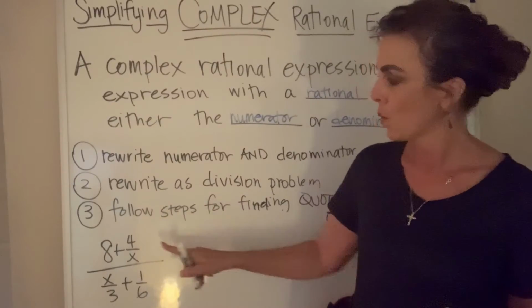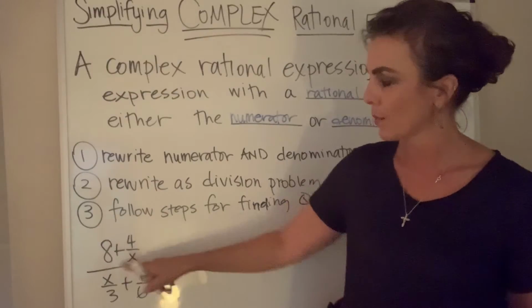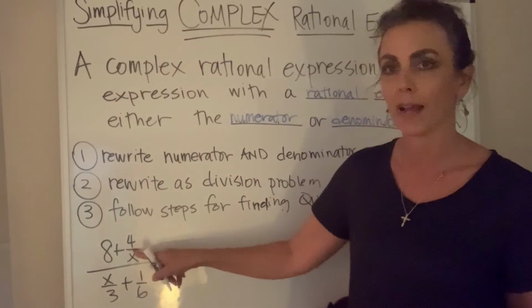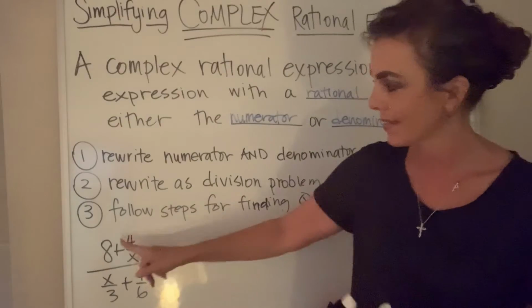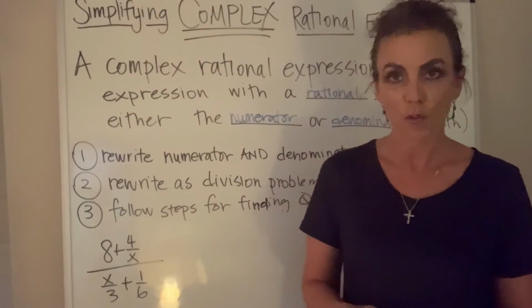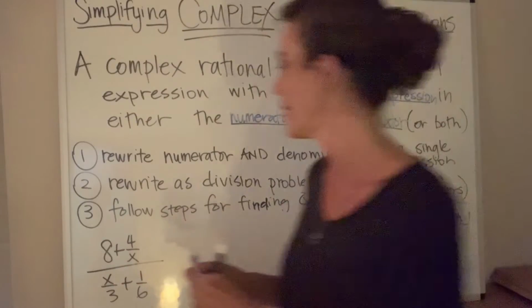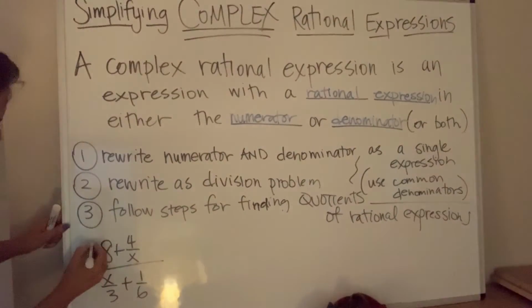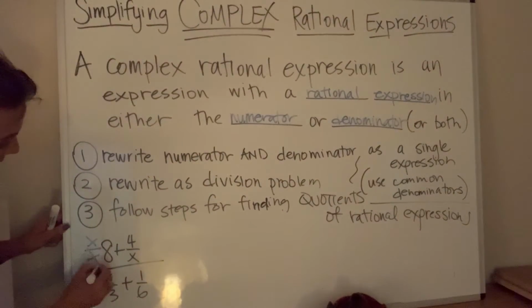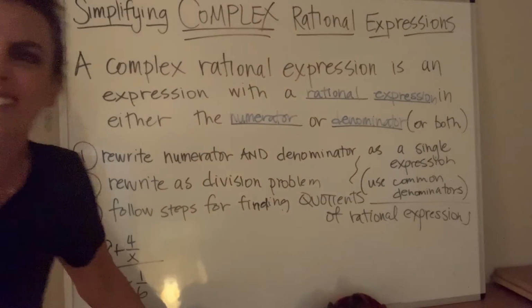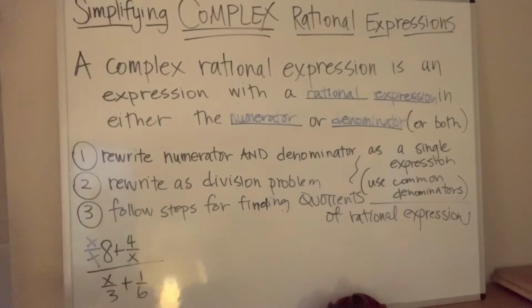Okay, so notice that this numerator has a denominator of x. So I want to multiply this piece of it by x over x, so I end up with a common denominator. So this is going to be x over x times 8. And remember, that's the same as 8 over 1. All right?